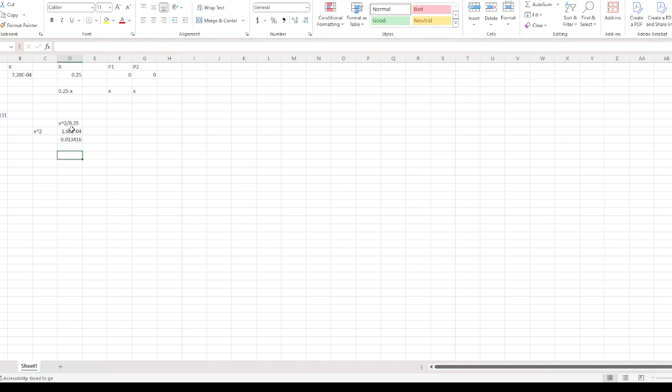Now here's the little trick. What happens if I say 0.25 minus 0.131416? Now I'm going to try to solve it a second time with that value.